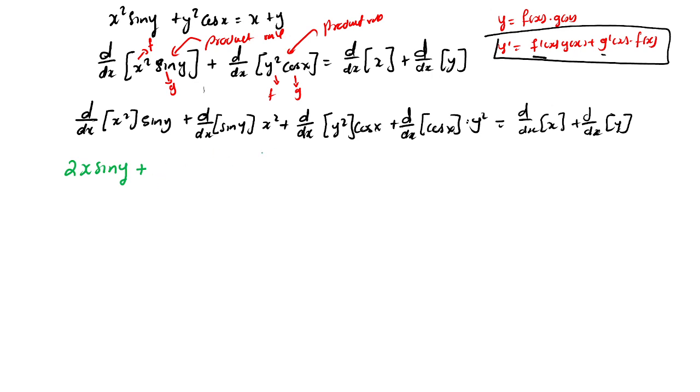I'm just going to first write the x squared, and then the derivative of sine of y is going to be cos of y, but since it's y with respect to x, we're going to multiply it by dy over dx, right?